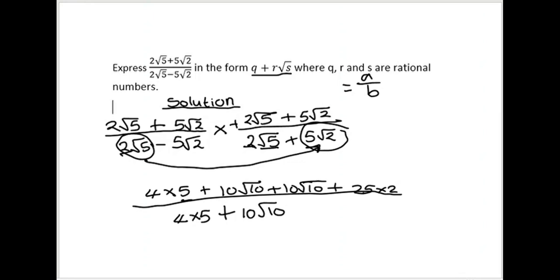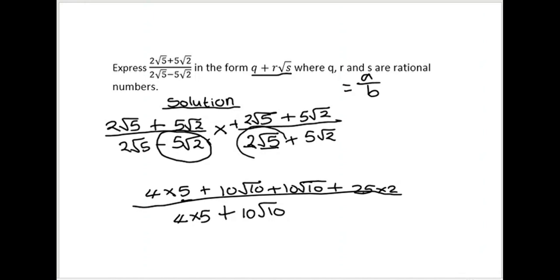And then I'm going to multiply negative 5 root 2 times 2 root 5. So minus times plus is minus, 5 times 2, 10. 2 times 5 is 10.